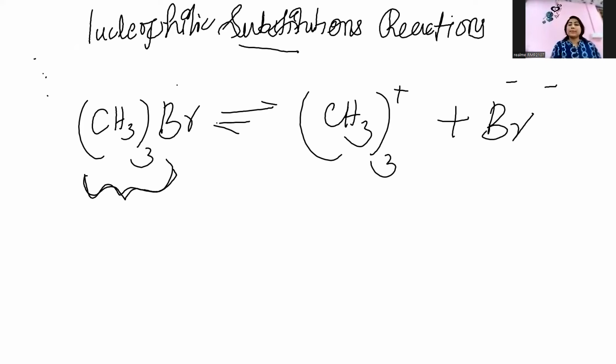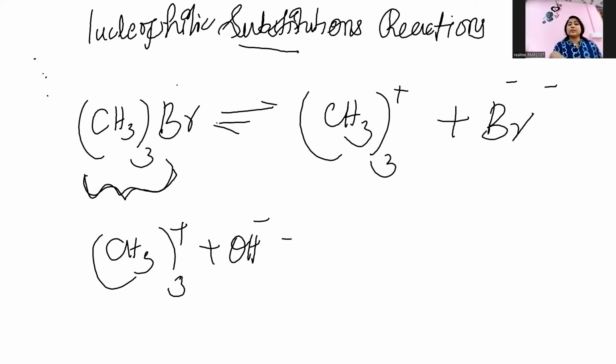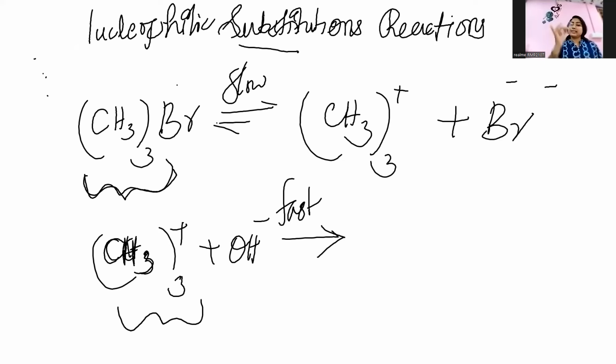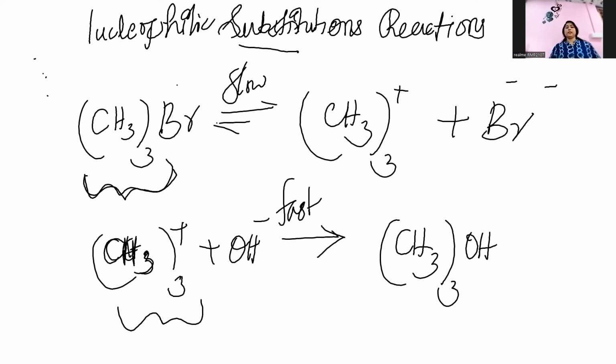And only in the second step, the nucleophile gets attached to this carbocation. Is it clear? So the first is the slow step, while the second is a very fast step. The tertiary carbocation, in the second step, reacts with the nucleophile, resulting in the formation of the product. So this makes it clear that in a nucleophilic substitution SN1 reaction there are 2 steps.